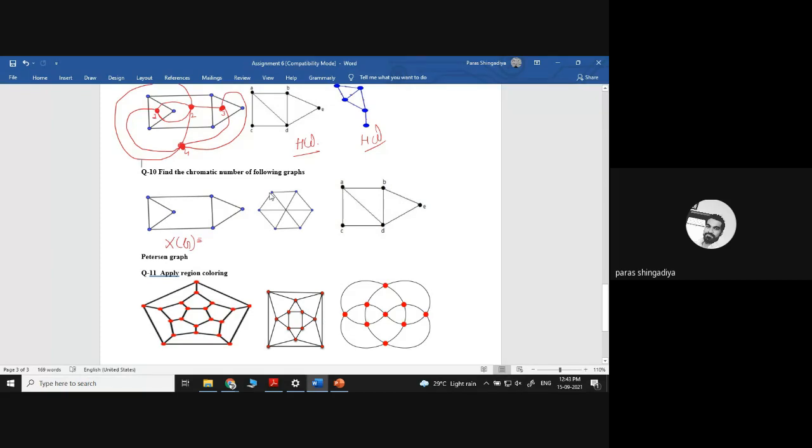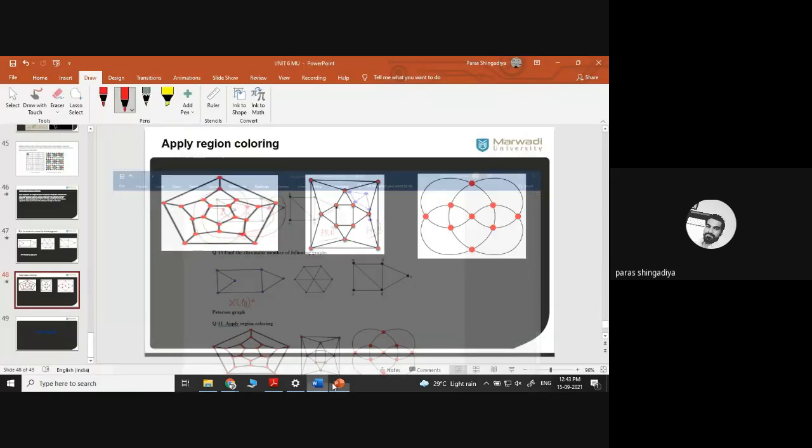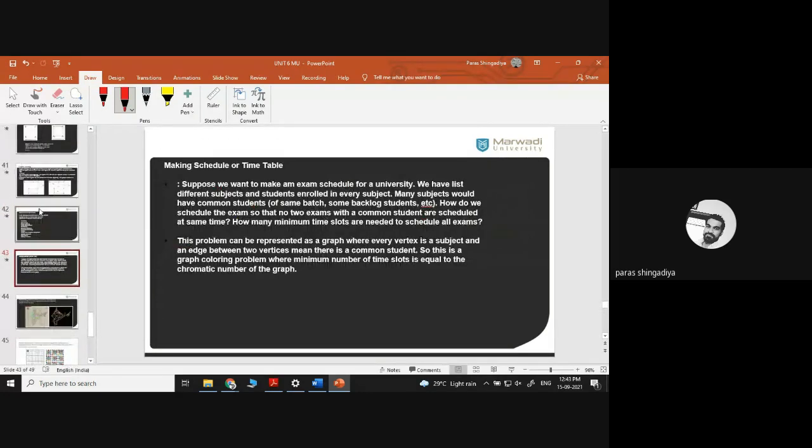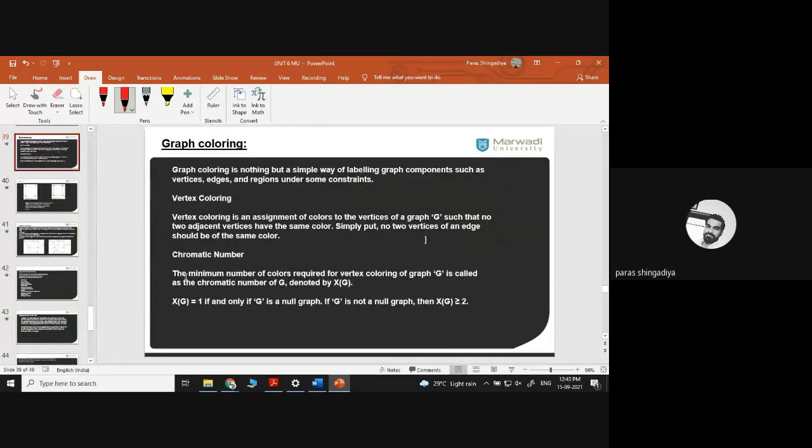X of G is denoted as the chromatic number. If you read the theory, this is the definition: the minimum number of colors required for vertex coloring of the graph G is called the chromatic number of G, denoted by X of G.